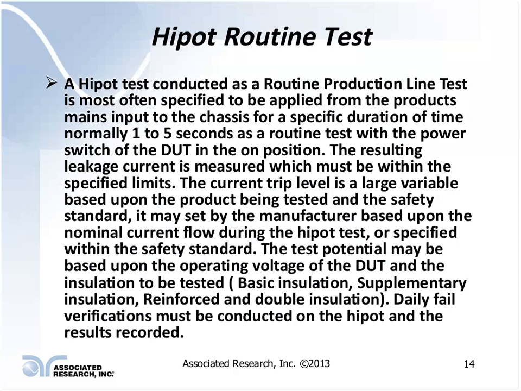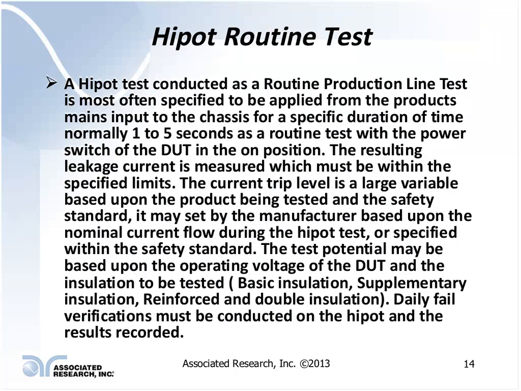The routine tests that are performed in a production environment are normally done at a much shorter time period. Why? Well, we're trying to get a product out the door.